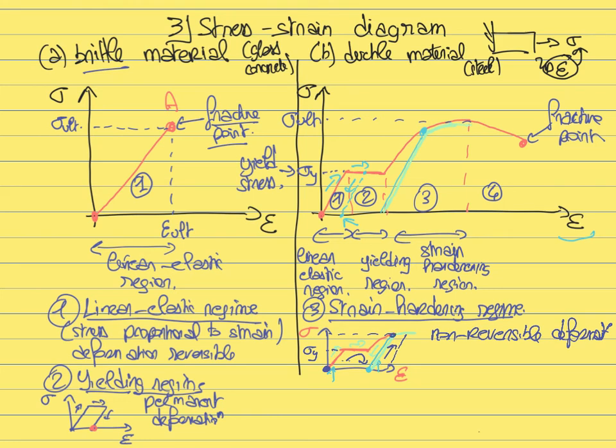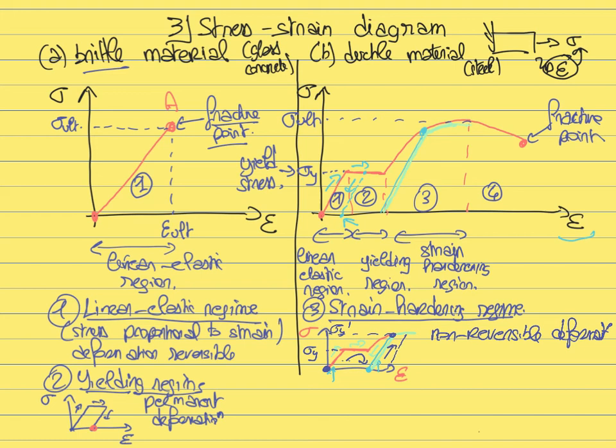So it means that now, after you have loaded and then unloaded, the material becomes more resistant to plastic deformation. It won't show any plastic deformation until it reaches a new yield stress sigma y, which is now higher than the initial sigma y of the material before the initial loading.